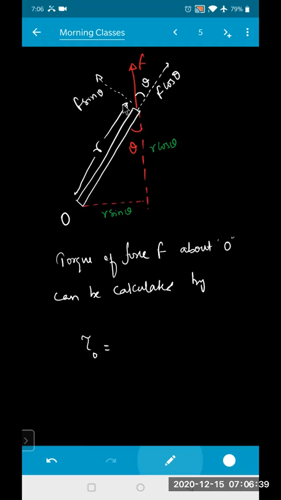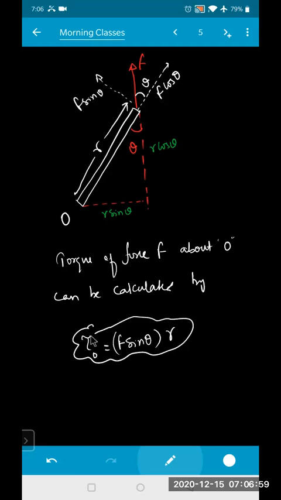What is the force acting on this body in this direction? F into sin theta. So you need to take the component of the force which is acting perpendicular, F sin theta, into r. If you are feeling uncomfortable with this one, you can even write it like this.